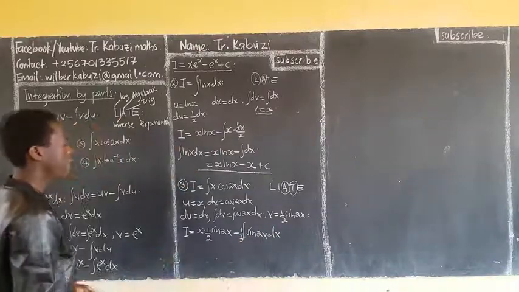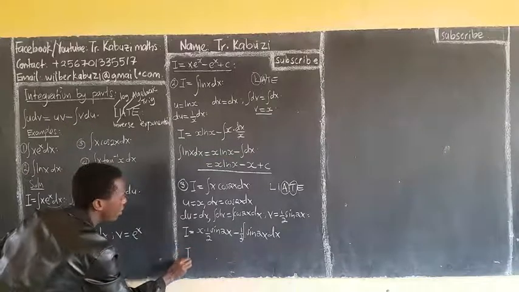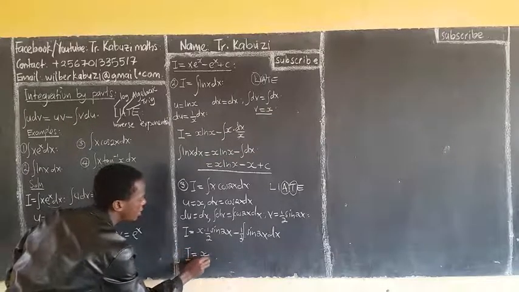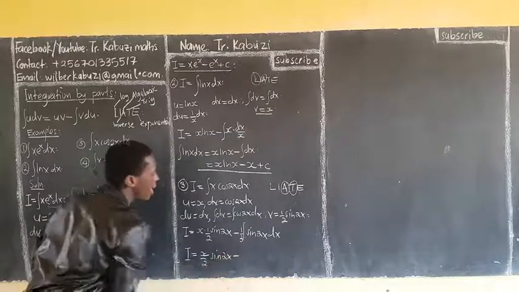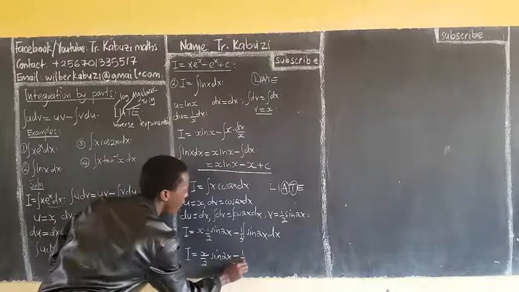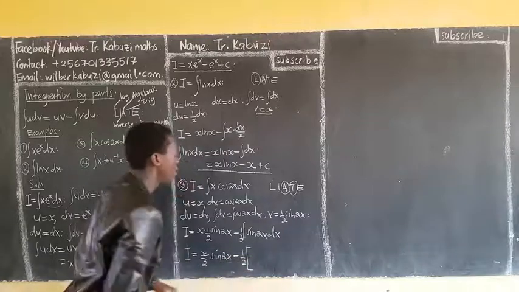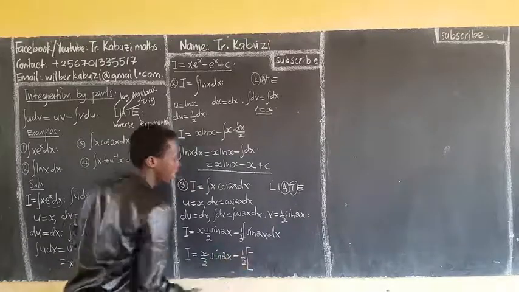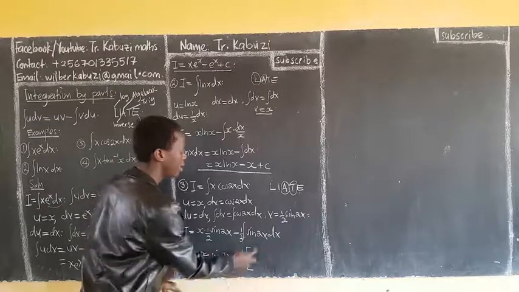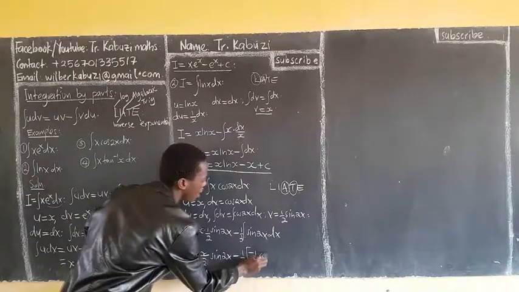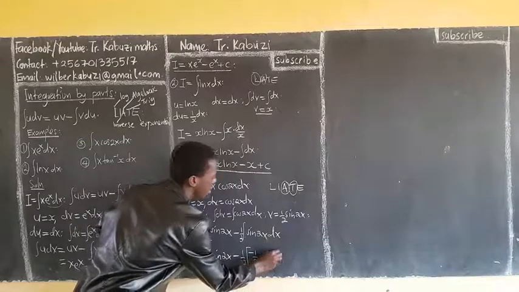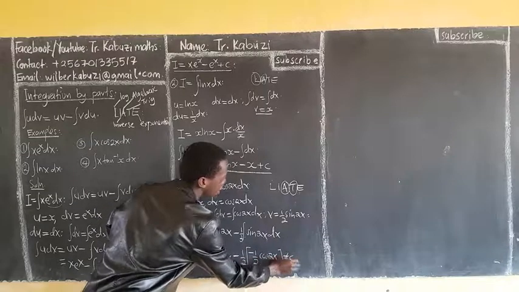So if you simplify this, my integral is going to be x over 2 sine 2x, then minus half into, when we integrate sine, we get a negative first of all, then the reciprocal of the derivative of this angle is a half, then cos 2x, then plus c.